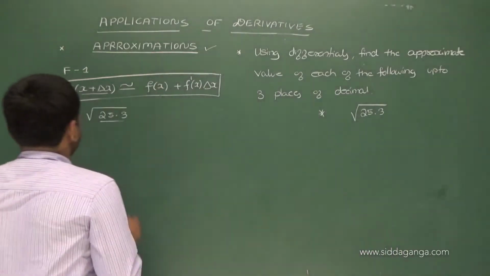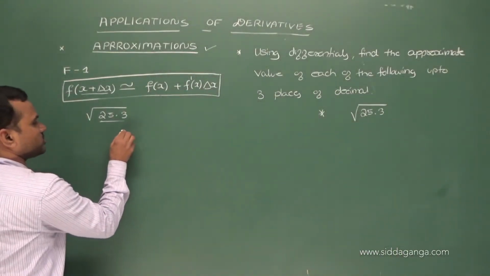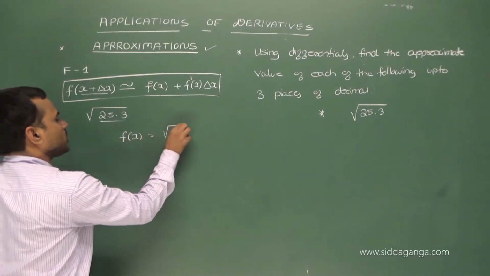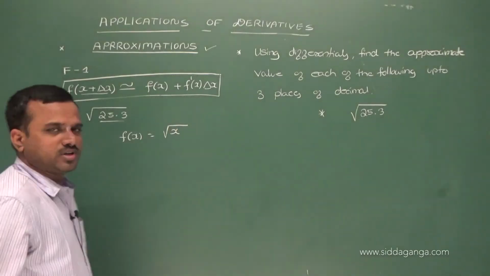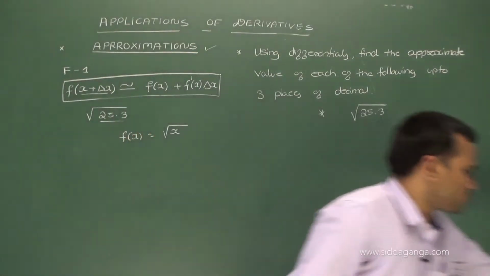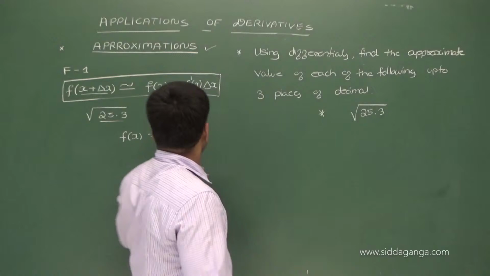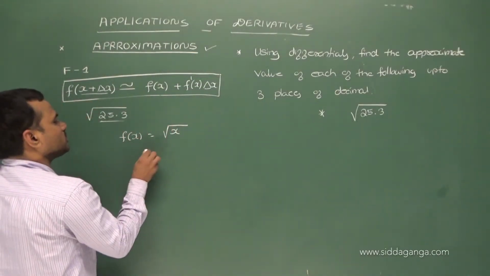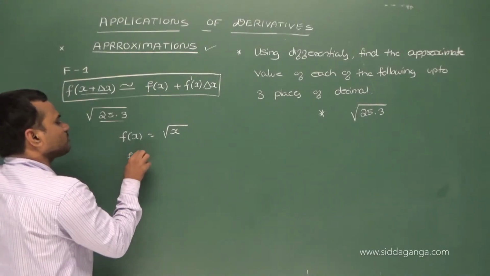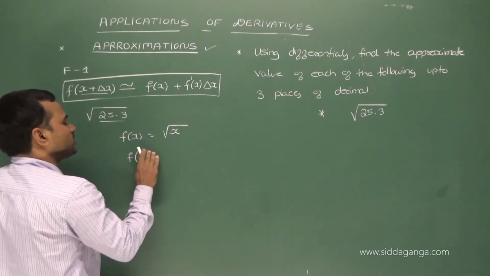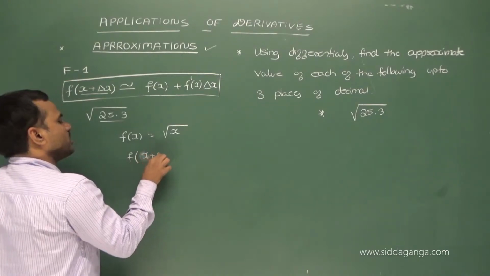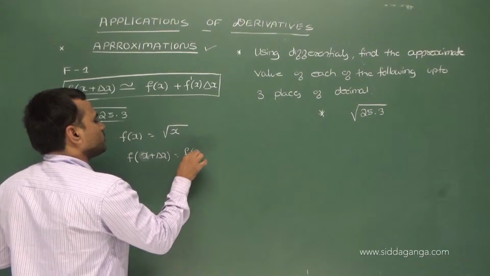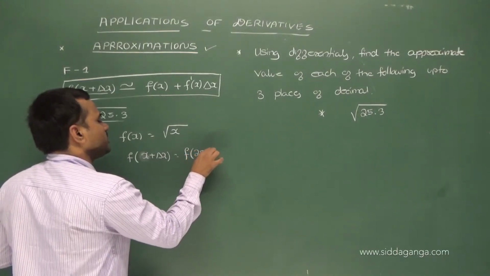Okay, we solve the problem. So firstly we write the function f of x is equal to square root of x. See, square root has given, so f of x is square root of x. So that is f of x plus delta x is equal to f of 25.3.